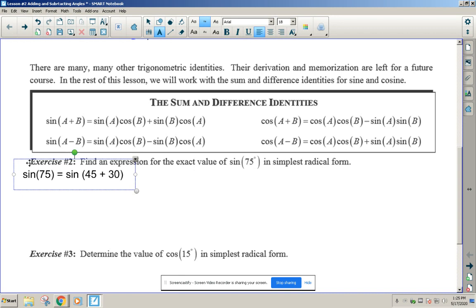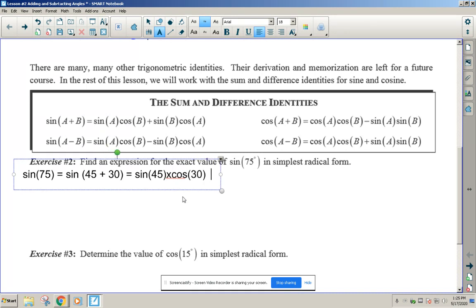So now if I'm going to follow this, 45 is my A and 30 would be my B. So this would now come from the sine of 45 multiplied by, we are multiplying now, so I'll use the multiplication sign, the cosine of 30.